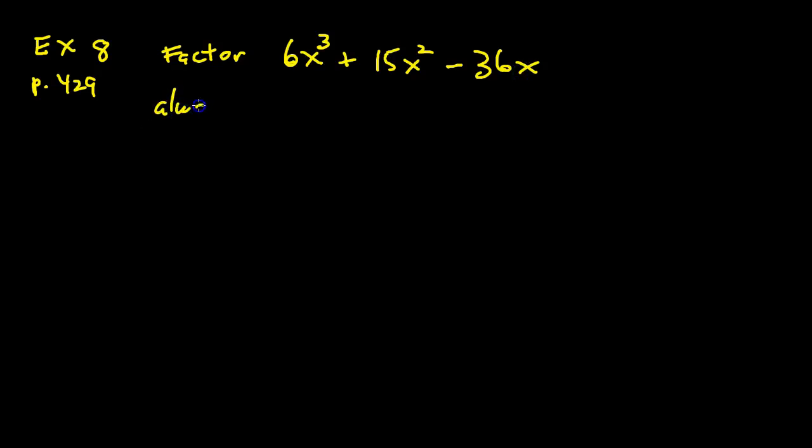Always, in any factoring problem, always look for a GCF first. Now, that means a GCF that's not 1 or negative 1. You can always factor out a 1, that doesn't make much sense. You can always factor out a negative 1 by just changing the signs. That's not very meaningful.